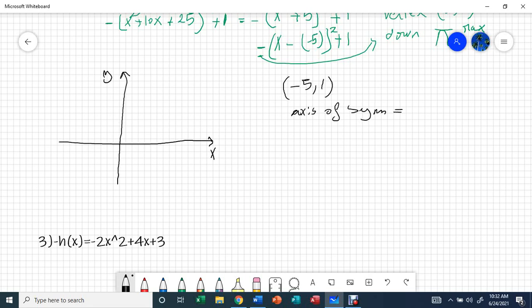It's always the line x equals negative 5. So let's graph it here, negative 5: 1, 2, 3, 4, 5. So that's negative 5, and this is my axis of symmetry.